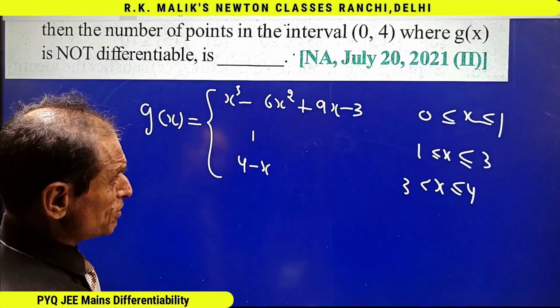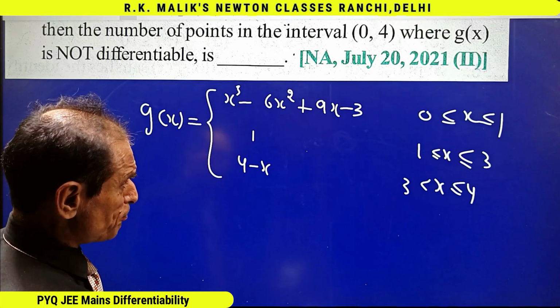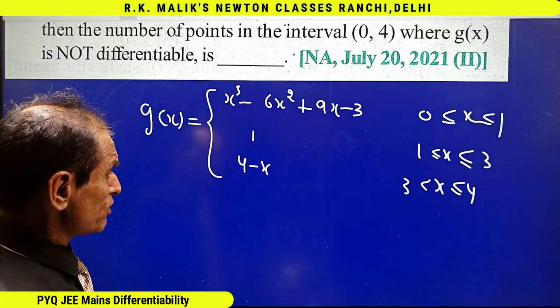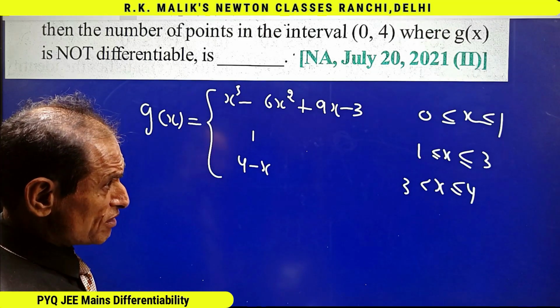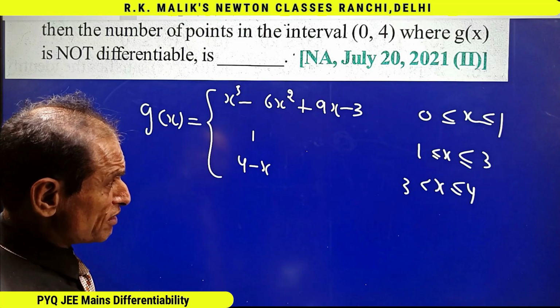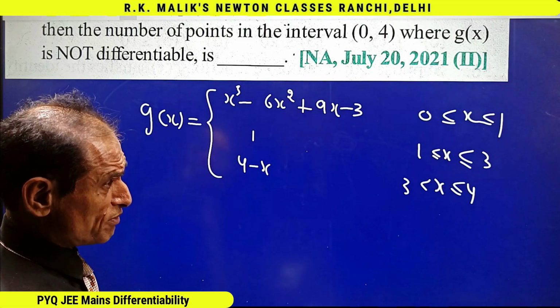And I will be checking the differentiability by the shortcut way. By the proper formula, checking the differentiability at 1 and 3 will be lengthy. Therefore, the shortcut way is better, and most of the students know the shortcut way of checking differentiability.